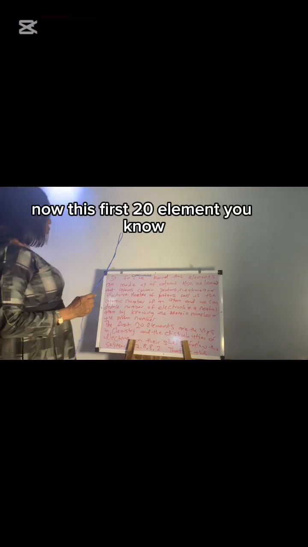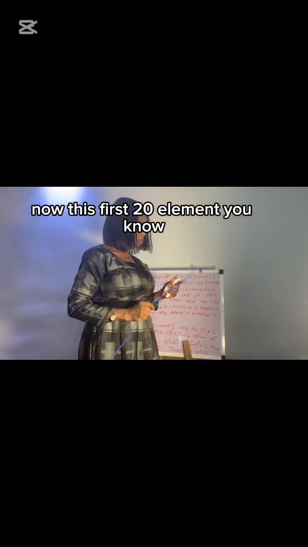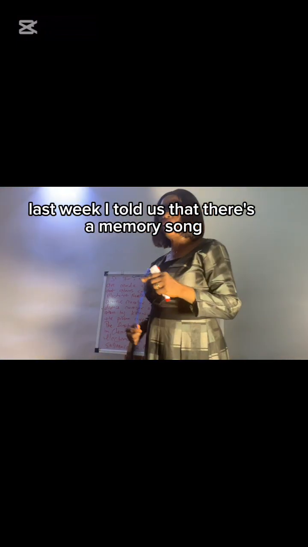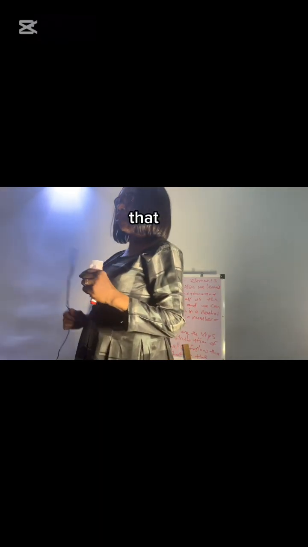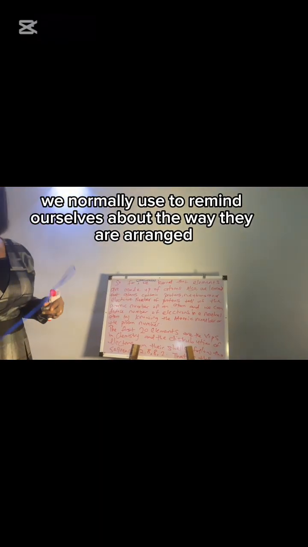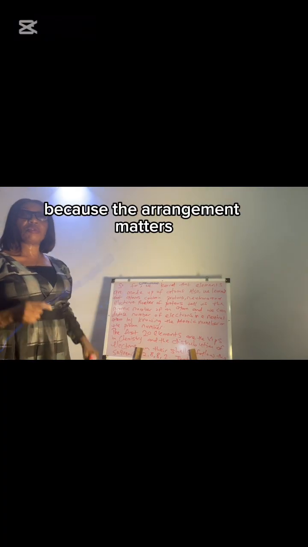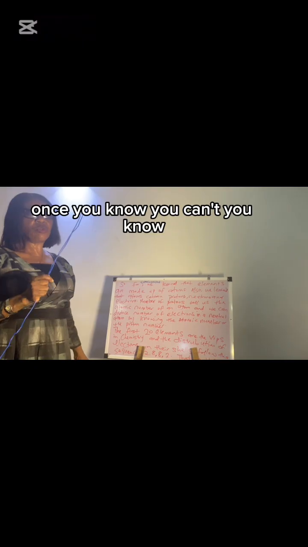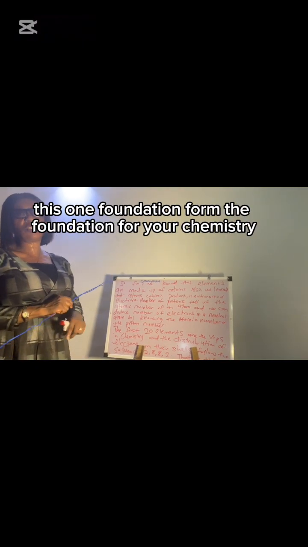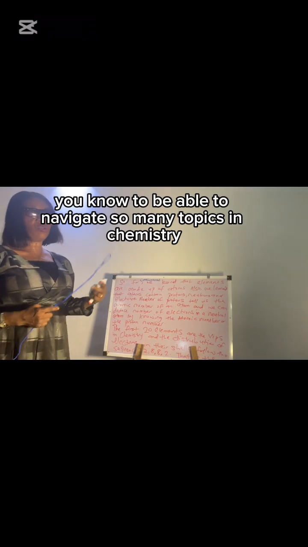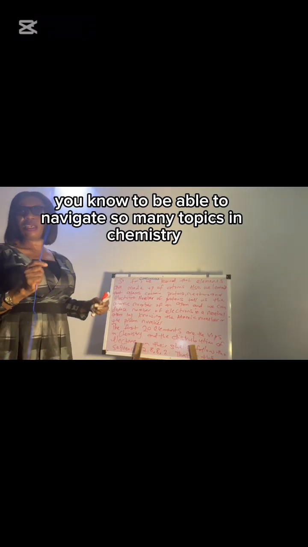Last week I taught us that there is a memory song that we normally use to remind ourselves about the way they are arranged, because the arrangement matters. Once you know the arrangement, this forms the foundation for your chemistry, to be able to navigate so many topics.